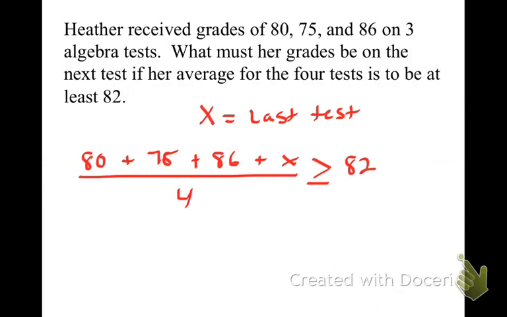She needs an 82 in the class. So I add them up. 80 and 80 is 160, 170, plus 241. 80, 70, and 8, 160, and 70 is 230, 241 divided by 4 is greater than or equal to 82.